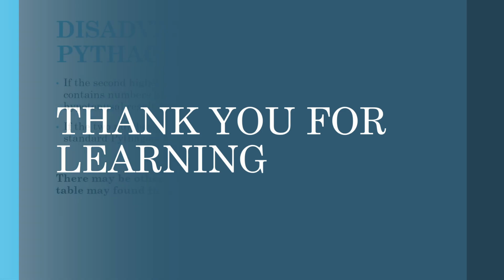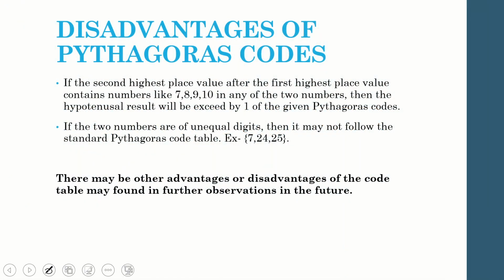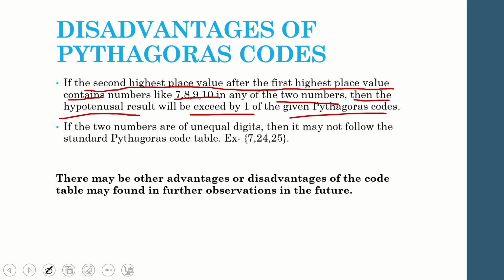Just check it. Disadvantages: if the second highest place value after the first highest place value contains numbers like 7, 8, 9, 10 in any of the two numbers, then the potential result will exceed one of the given Pythagoras codes. I have just shown you one example, that is the question I have shown you.